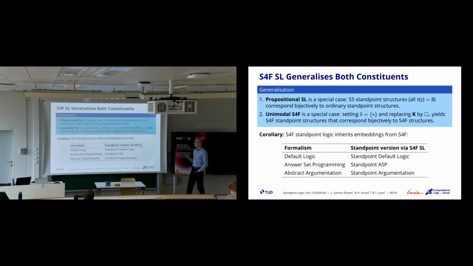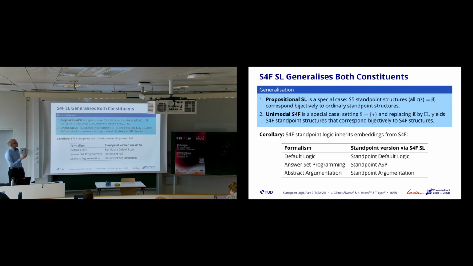So what we have here is a combined logic that can be shown to generalize all of its constituent logics. Right? So we generalize propositional standpoint logic because S5 standpoint structures, so those without outer worlds, are essentially exactly ordinary standpoint structures that we have seen in propositional standpoint logic.